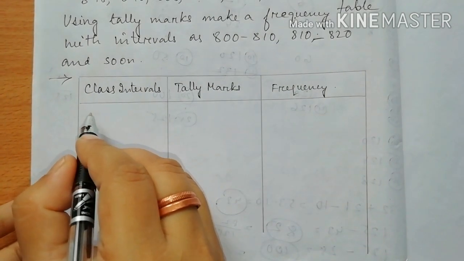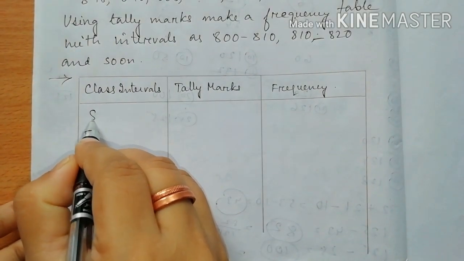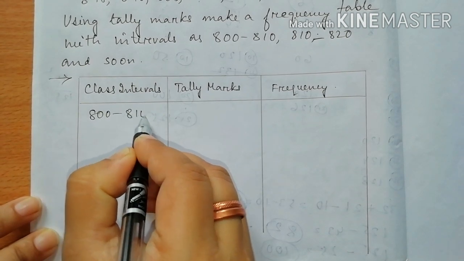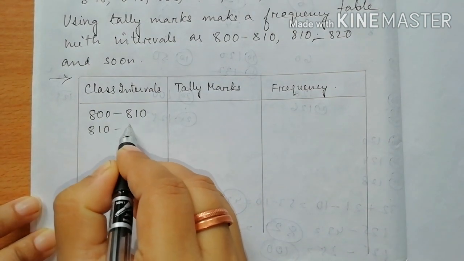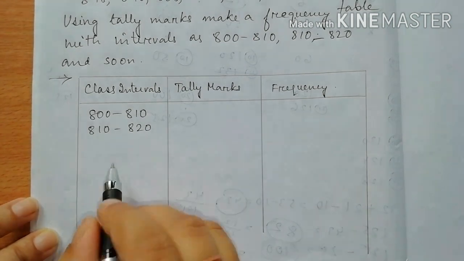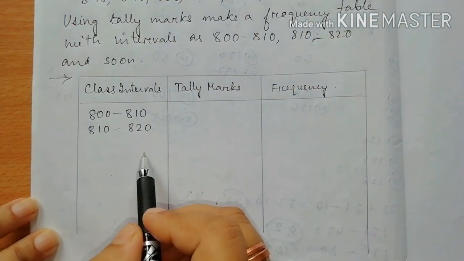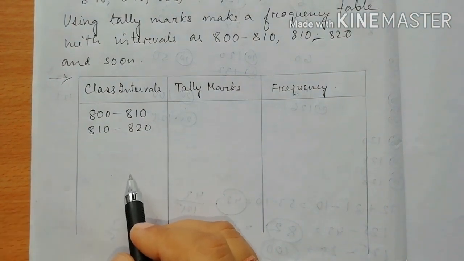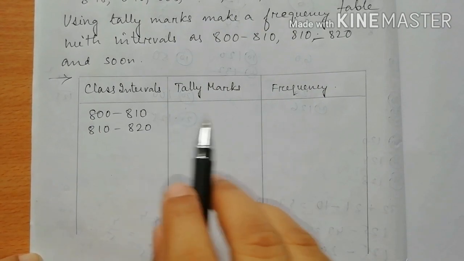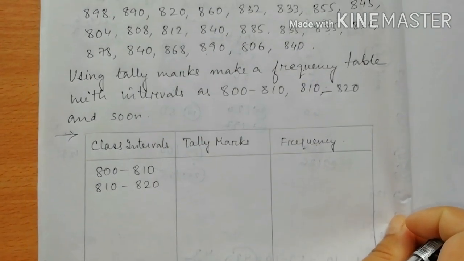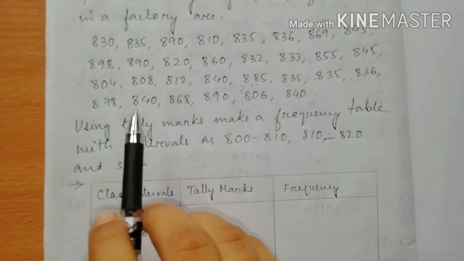The class intervals given to us are 800 to 810, 810 to 820. So how many class intervals are we going to write? We'll come to know by seeing the observations that are given to us.